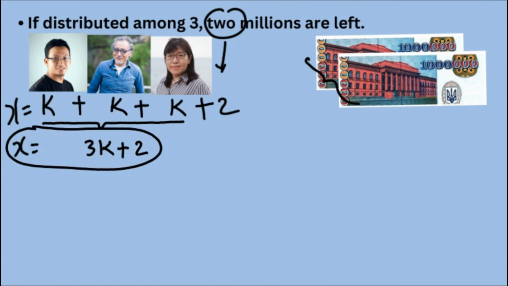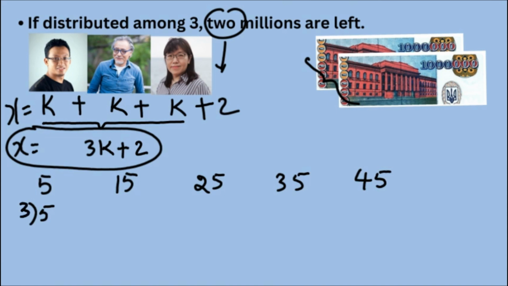Meaning when you divide x by 3, the remainder would be 2. We are left with 5, 15, 25, 35 and 45. Only these 5 possibilities. So here we are going to divide each number by 3 to see if we get the remainder 2. Yes, this one qualifies.